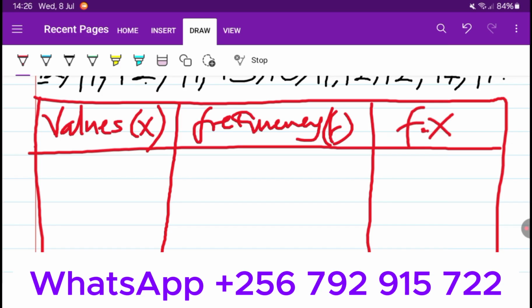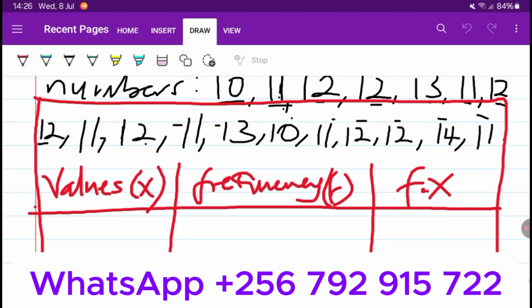Now, if you look at these values, we have 10, 11, 12, 13, and then lastly 14. So the values are very few, but they repeat.